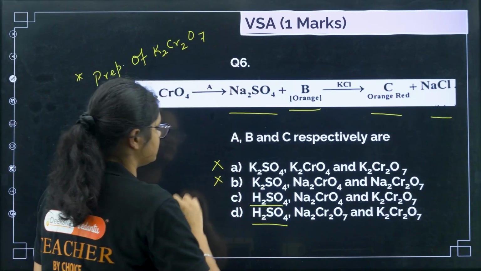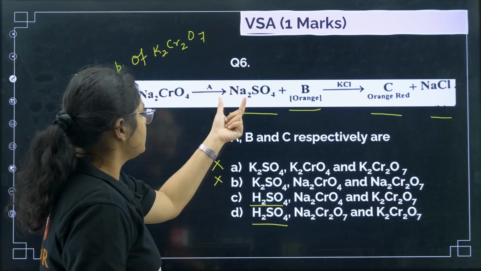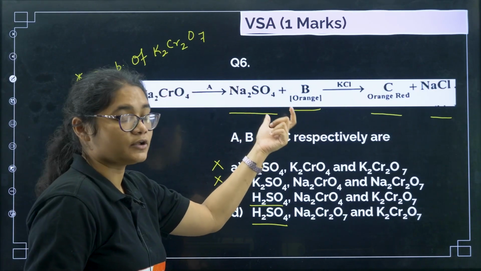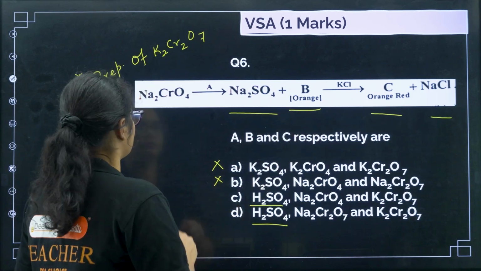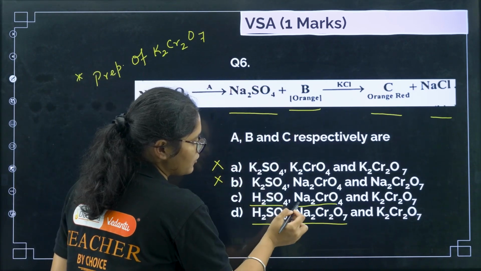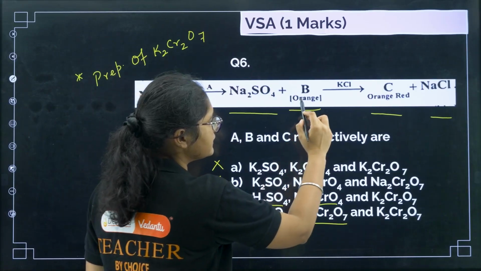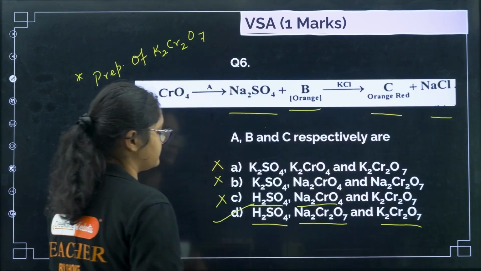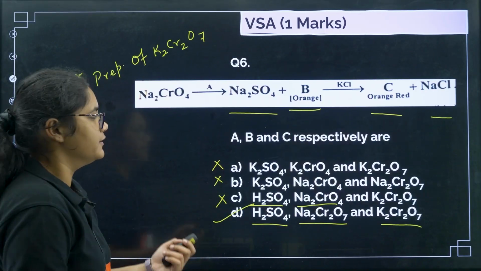We can eliminate these two options. Then the orange compound that you form is sodium dichromate. This is sodium chromate, it gets converted to sodium dichromate, so this option is wrong. Then sodium dichromate is converted to potassium dichromate. So option number D is the correct answer here.